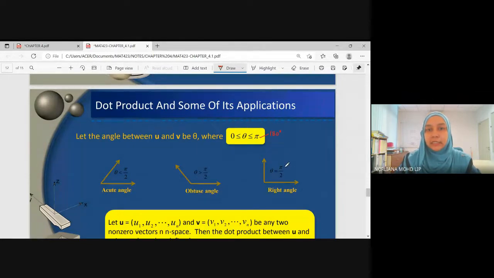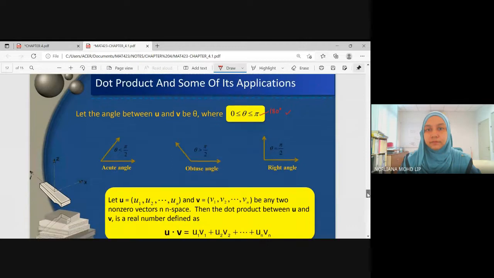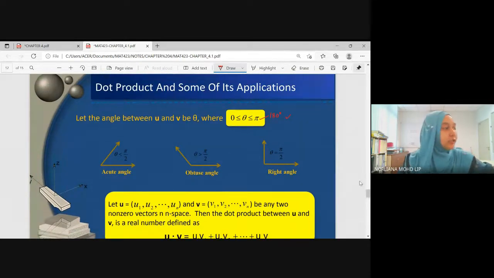Normally in this case we use degrees. So in the calculator, you have to set the mode to degrees. Make sure the mode is in degrees.